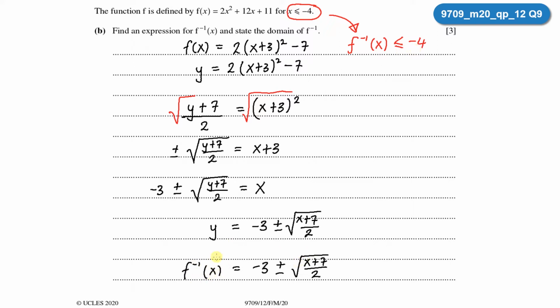So the only way that f inverse of x can have a value that is less than or equal to -4 is when we have minus here.